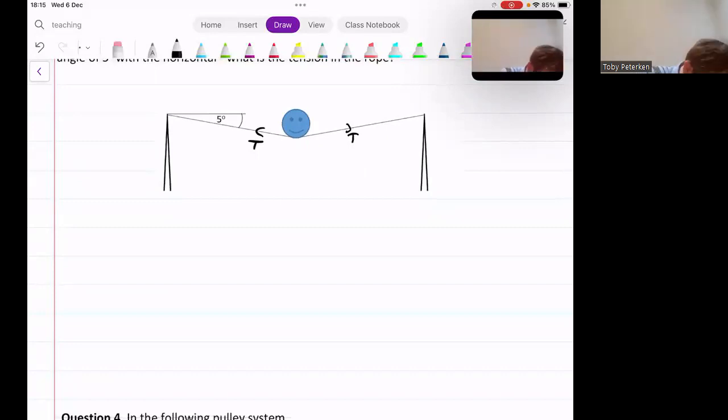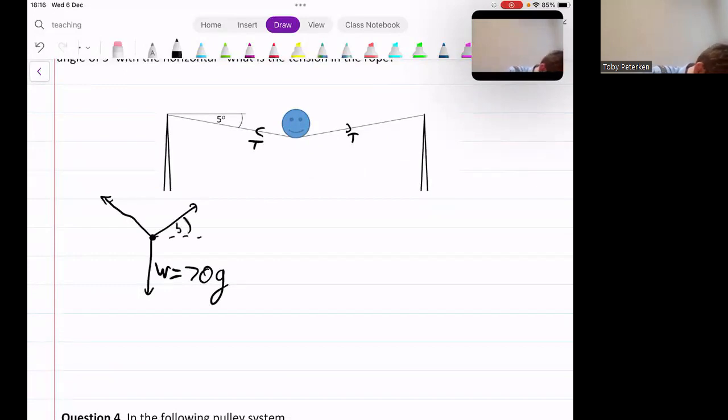So let's zoom in. What do we have? Let's zoom in on the tightrope walker and draw a free body diagram. We have the weight is equal to 70g. And then we have the two forces from the tension of the rope, and these are both at 5 degrees to the horizontal.